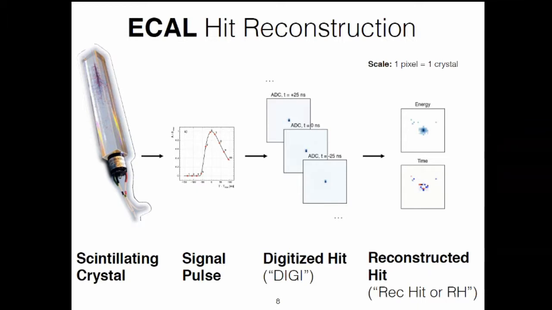Now, due to data acquisition constraints, we can only sample this pulse 10 times. You see these red dots here, they're all spaced 25 nanoseconds apart. If the trigger says that we should trigger on an event, we read out the amplitude of the crystals 10 times in an event. These amplitudes are in ADC counts.